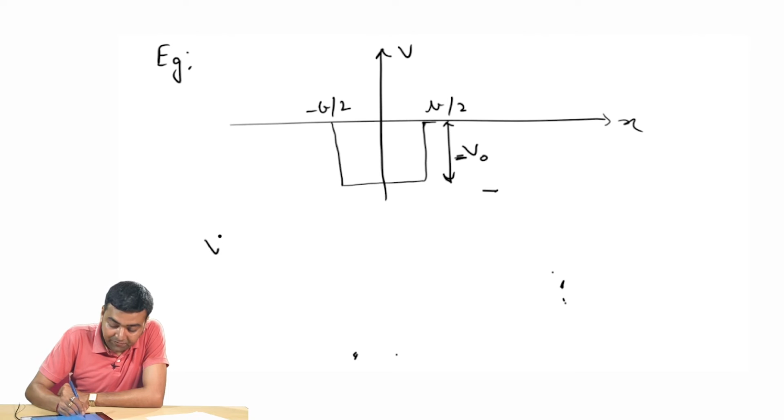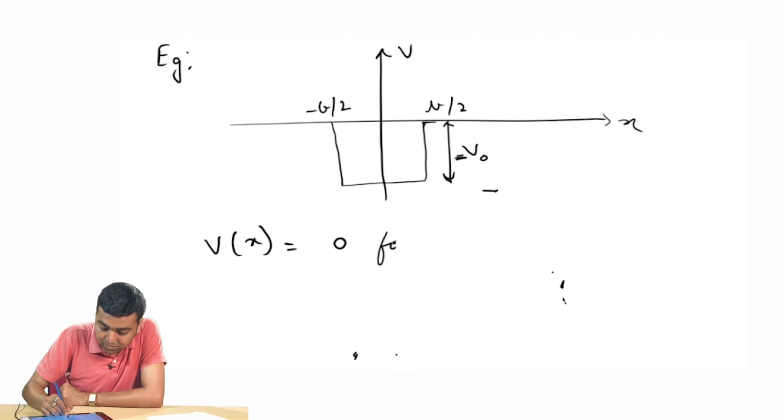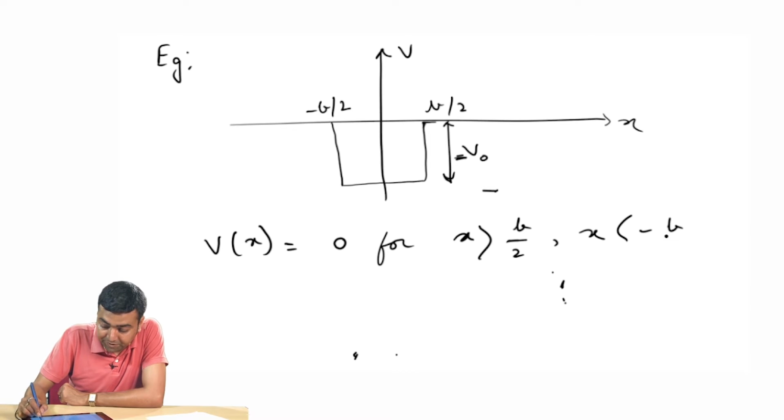So, if I write it in general form, this means V is equal to 0 for x greater than b by 2 and x less than minus b by 2, and is equal to minus V 0 for x lying between minus b by 2 and plus b by 2.